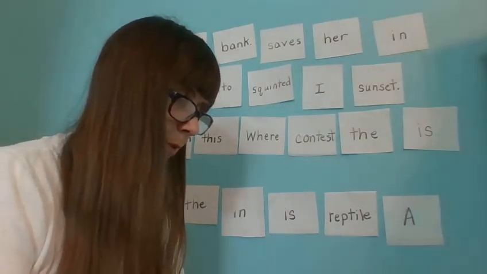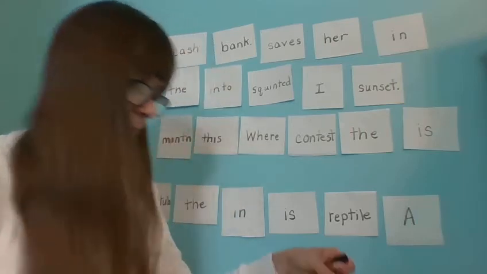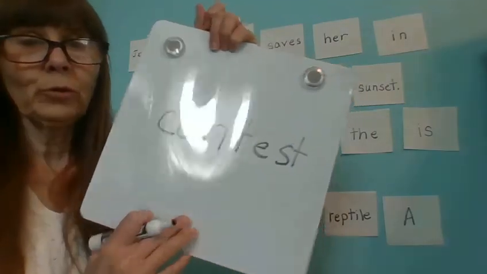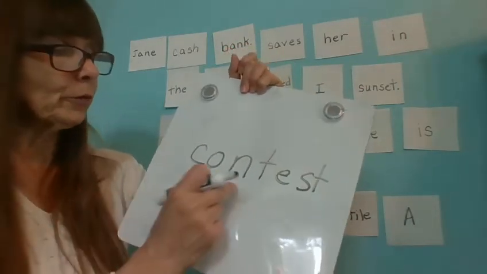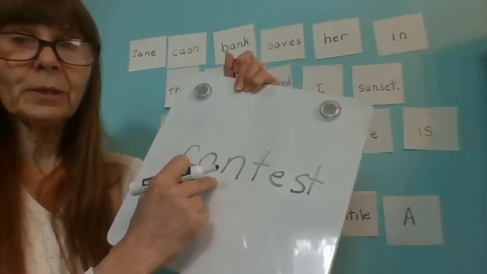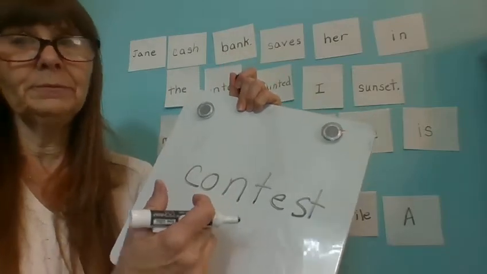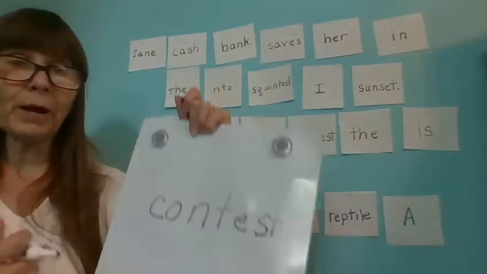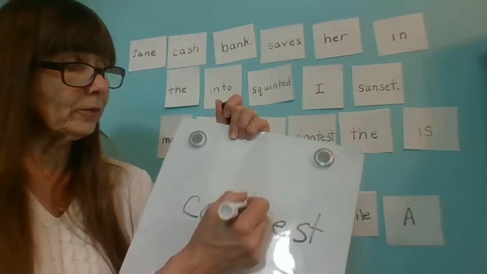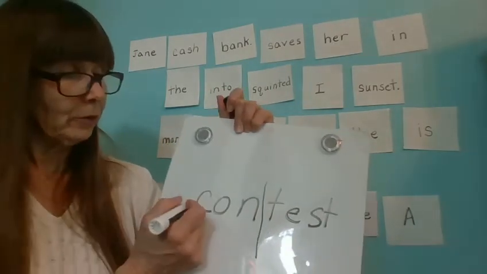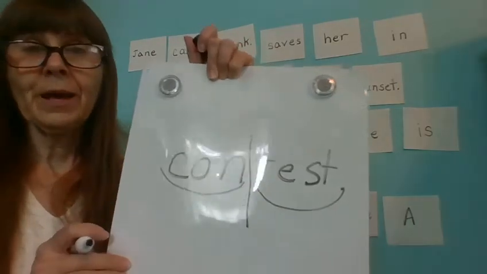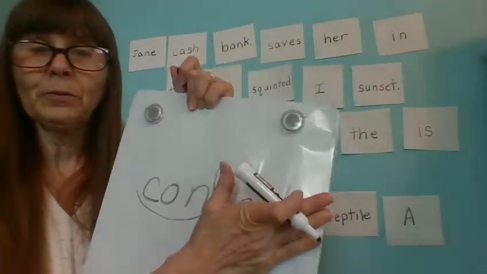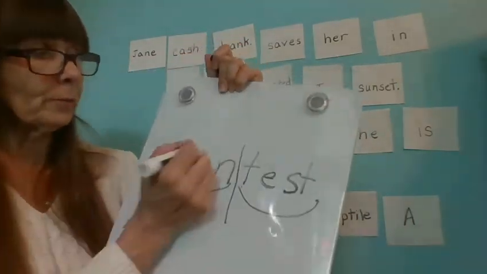So we have this word here. You'll notice there's a vowel here and a vowel here, so that means we're probably going to have two syllables, and we have two consonants in the middle. Generally, unless we're dealing with a digraph, we're going to split between the two consonants, which would be here. So this is our first syllable, this is our second syllable. Now that they're separated, you might be able to recognize those pieces too.